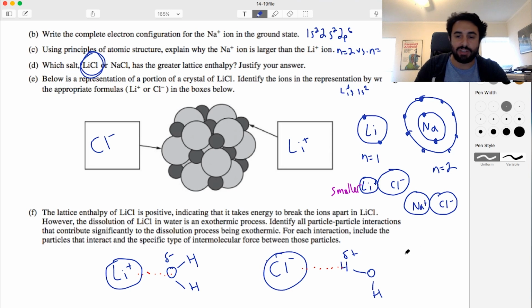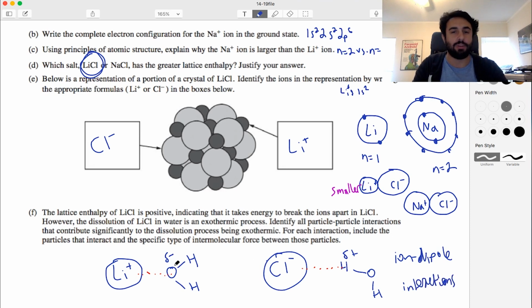So we need to understand that these are ion-dipole interactions, right? An ion interacting with a dipole is an ion-dipole interaction. Makes sense.